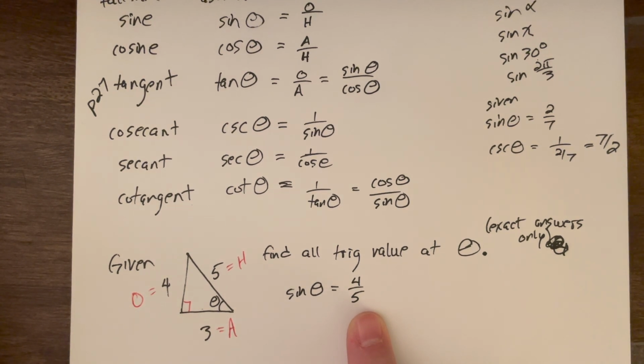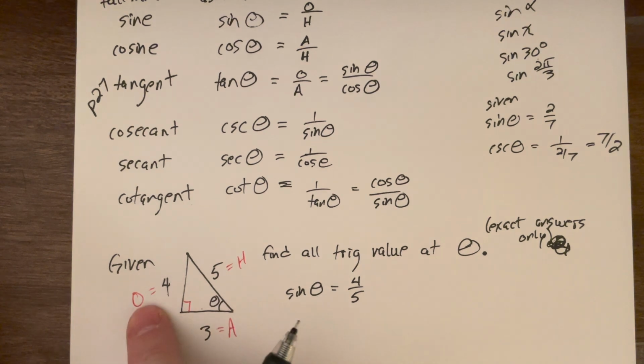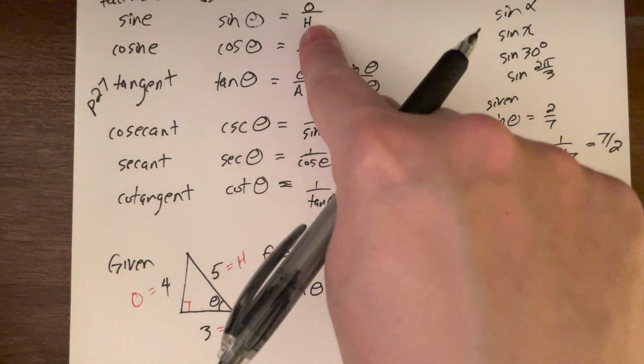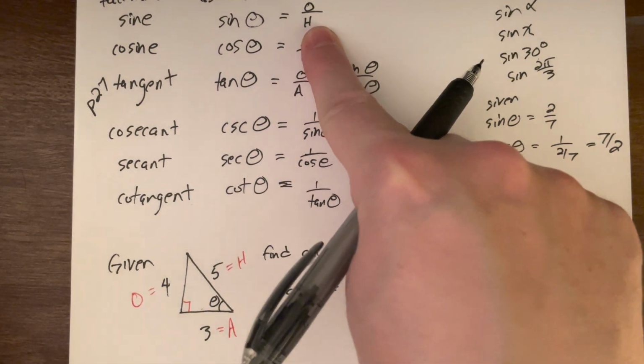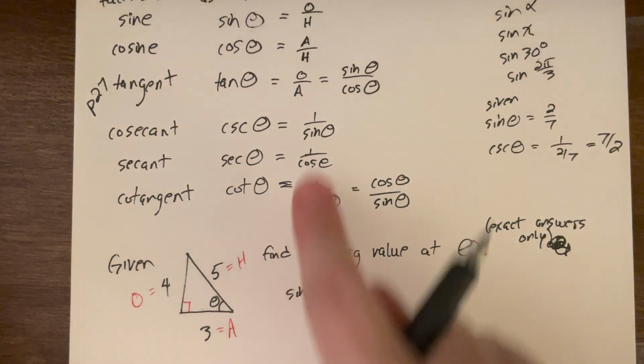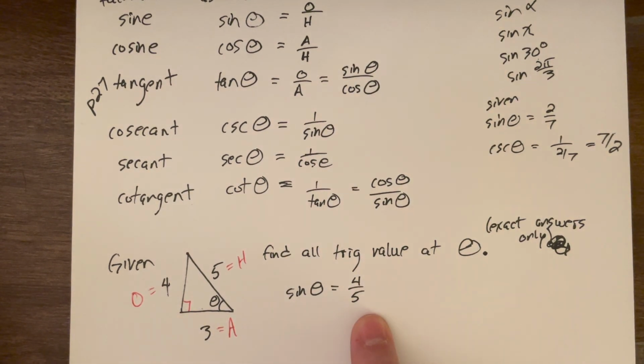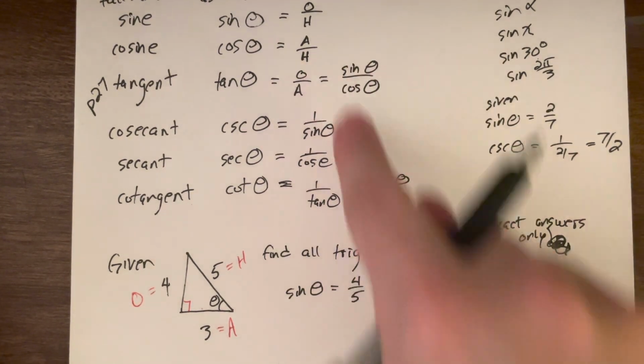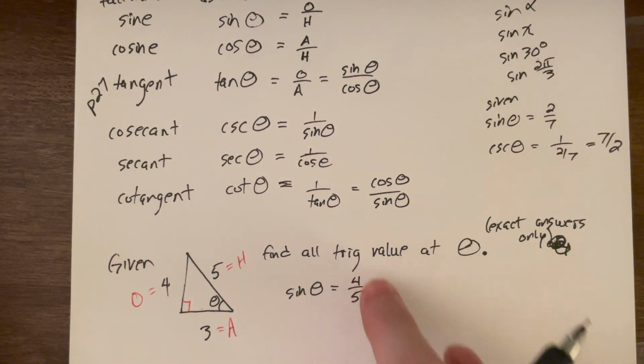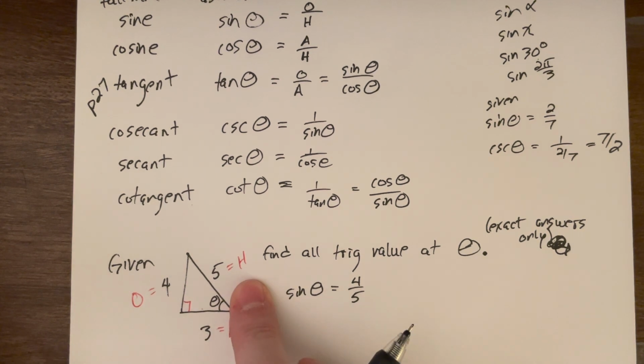Again, everybody, know yourself. If you are familiar with this, maybe just doing some quick labels and referring back is fine. But if you're still getting used to these definitions, write it out. Don't just jump to the answer. Label your sides, write out the definition, sine is opposite over hypotenuse, then get your answer.